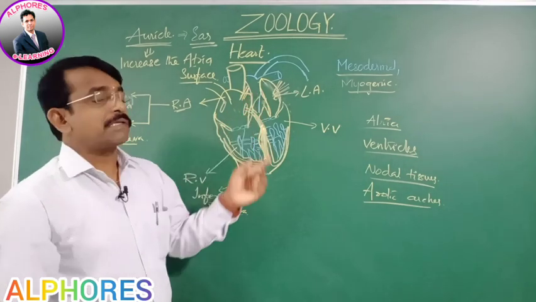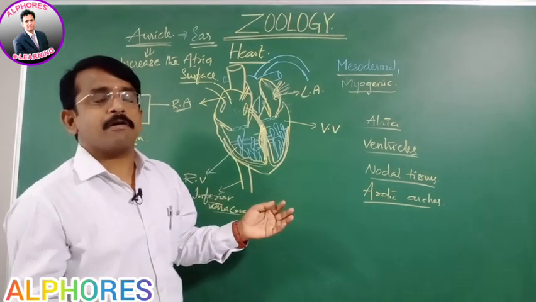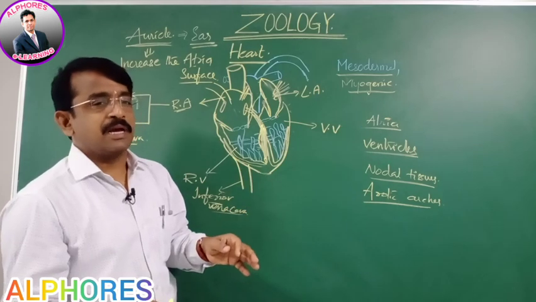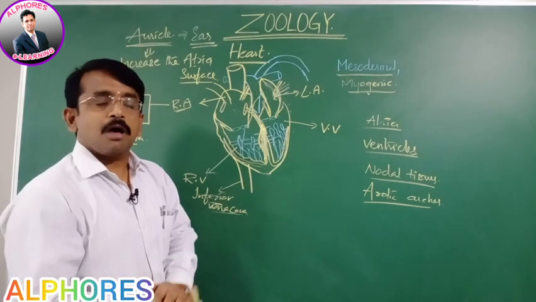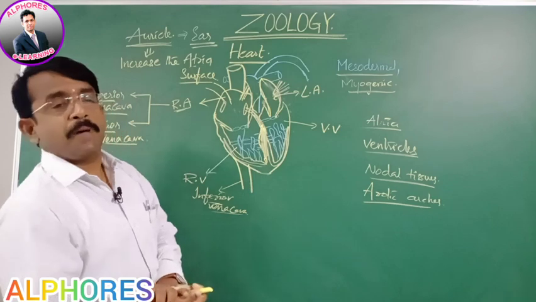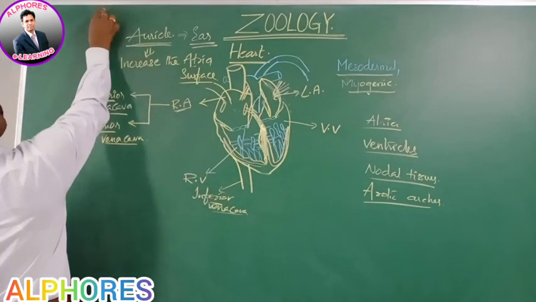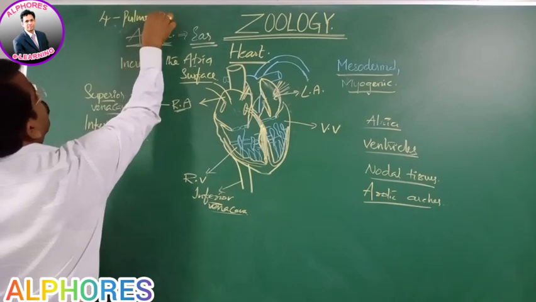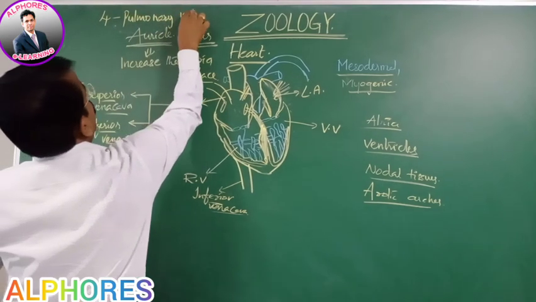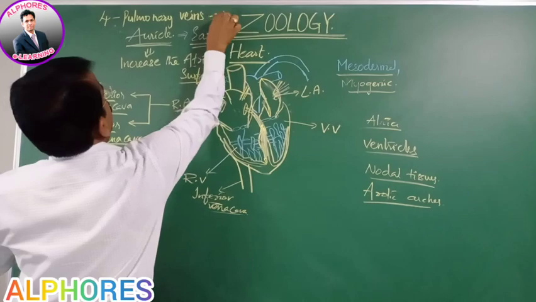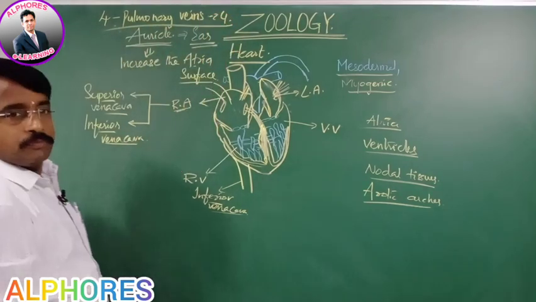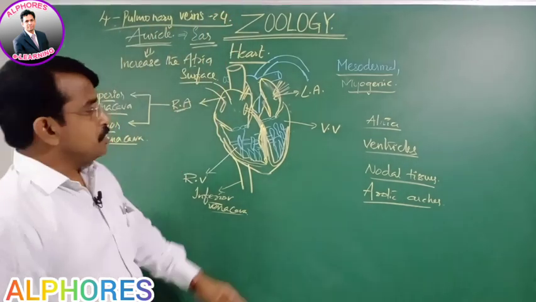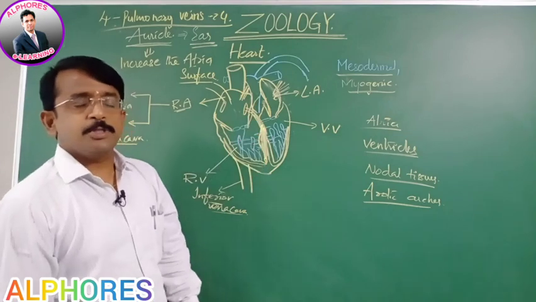Since each lung has a pair of pulmonary veins, two pairs have a separate single aperture for each pair. So the number of pulmonary veins is 4. Pulmonary veins are 4 in number. This is how it collects the oxygenated blood.